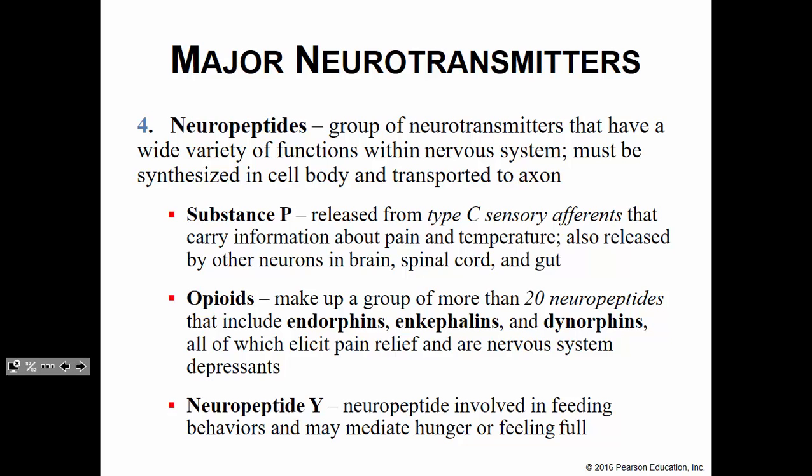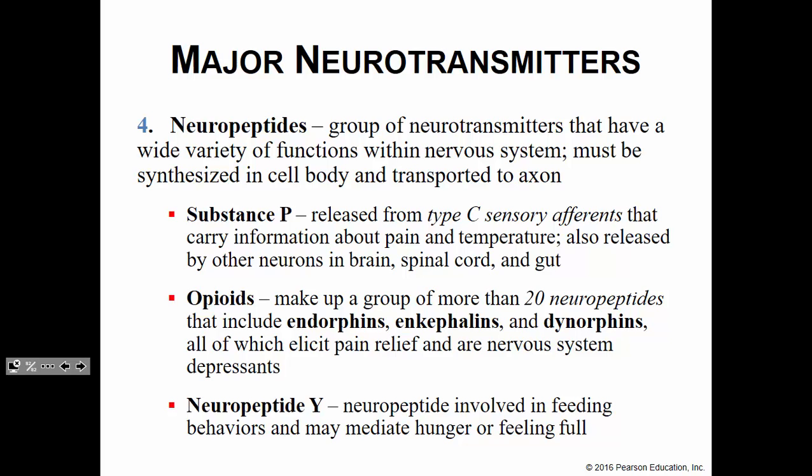The last group of neurotransmitters are the neuropeptides. And this is a group of neurotransmitters that have a wide variety of functions. They're made in the cell body and then carried to the axon. There's substance P that's involved with pain and temperature, and your opioids like your endorphins that will cause pain relief.